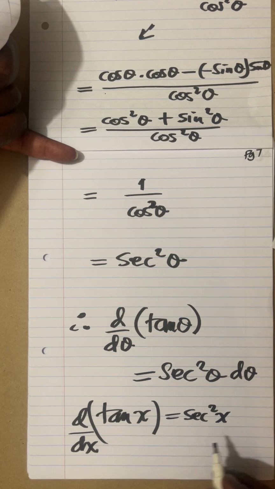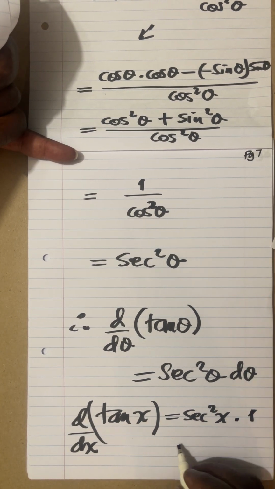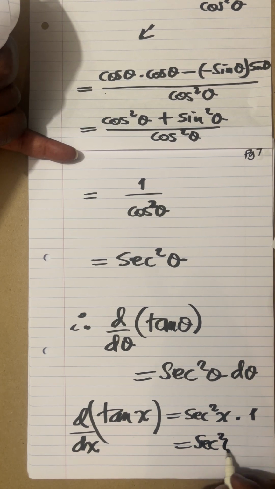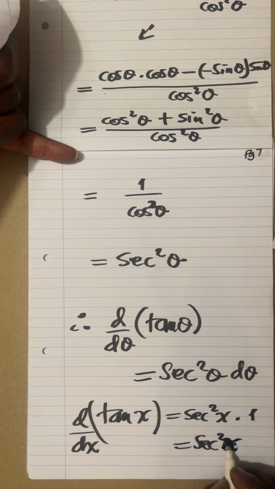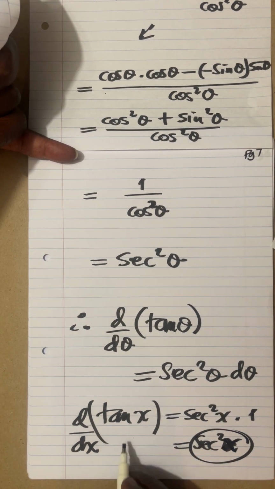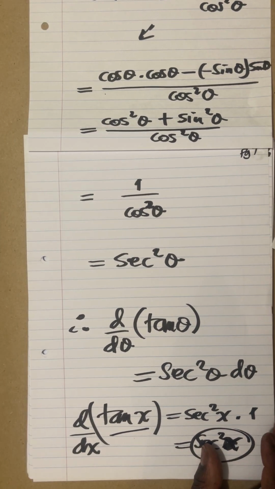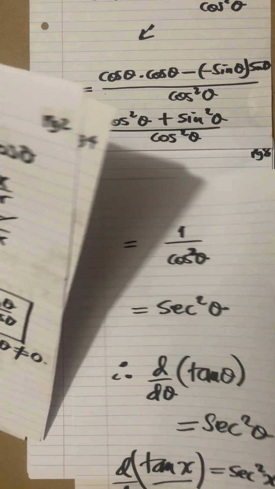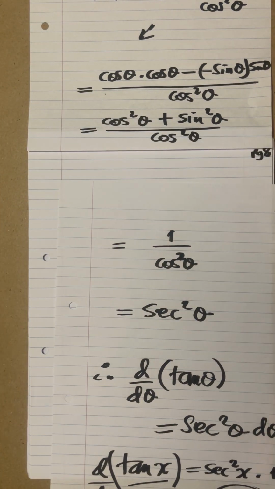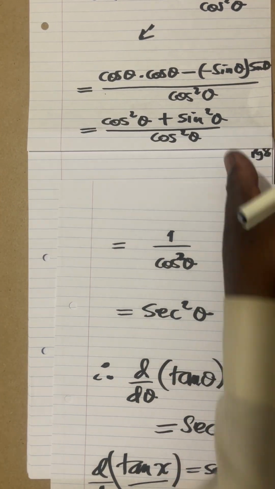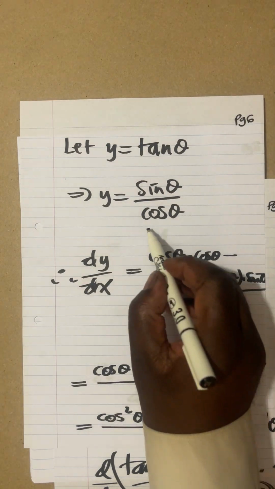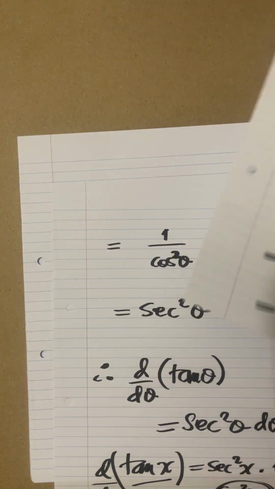What is the derivative of x? 1. And when you multiply this, you just get sec squared x. And that would be your derivative of tangent x. But theta will sometimes be a function as well, as you will see shortly. So now we have established that the derivative of tangent is actually sec squared.